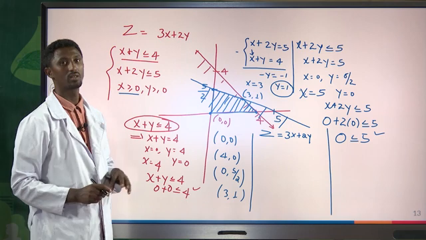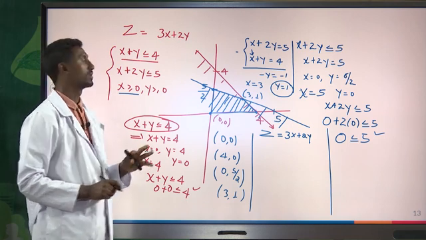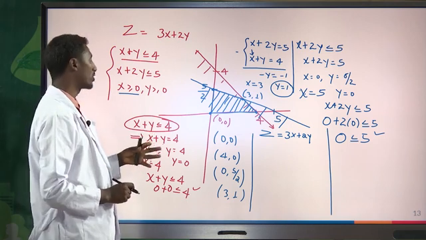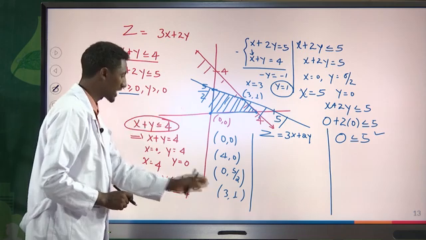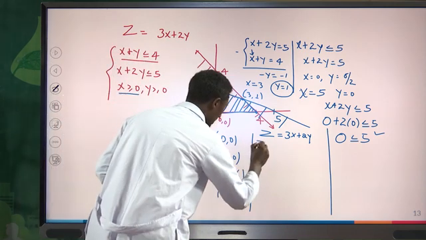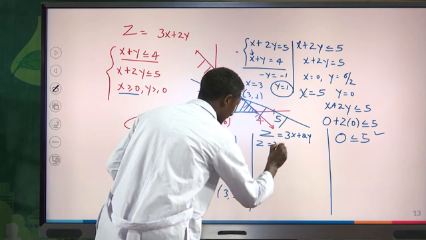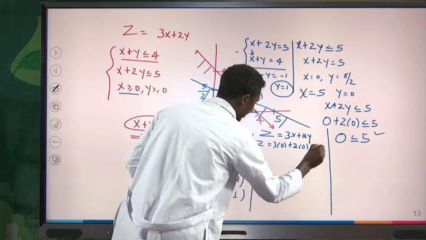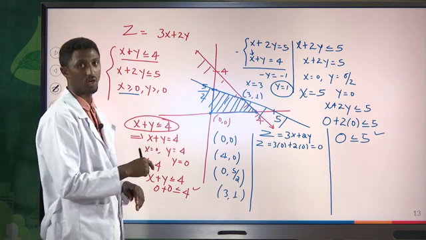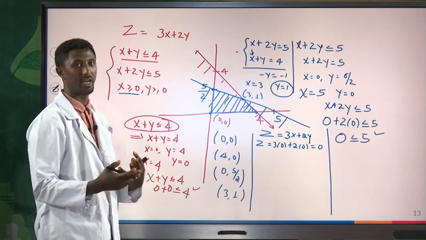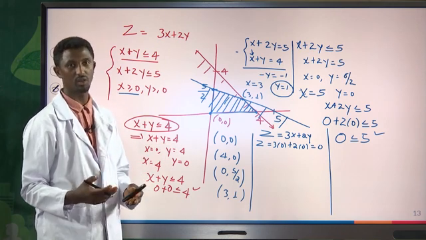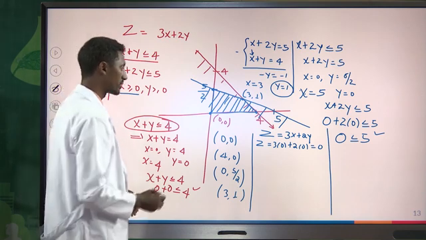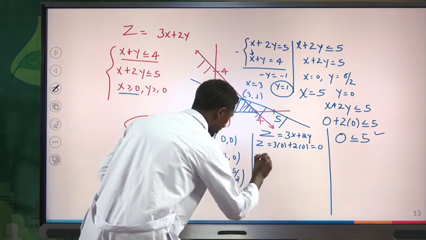So finding the maximum value implies we'll evaluate z at each point. So z equals 3 times 0 plus 2 times 0. It's equal to 0. x and y equal to 0, meaning the number of chairs and the number of tables is 0. There is no production and there is no profit.